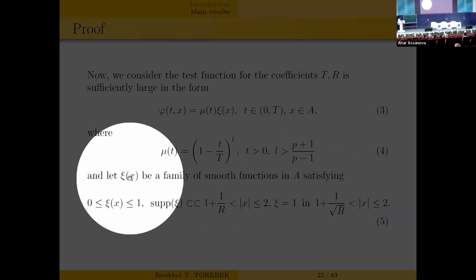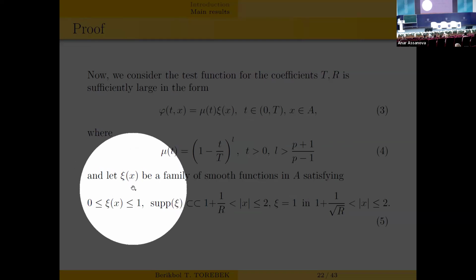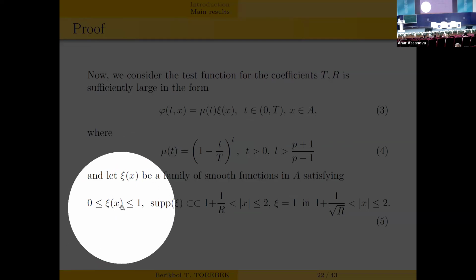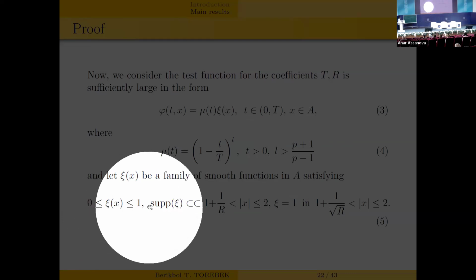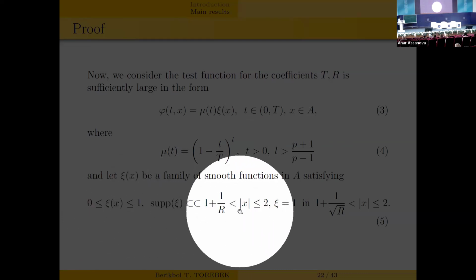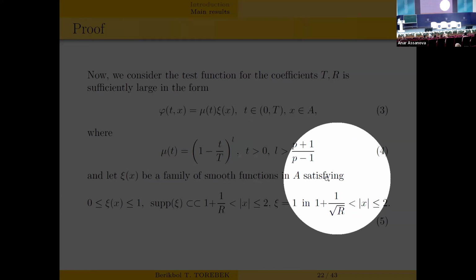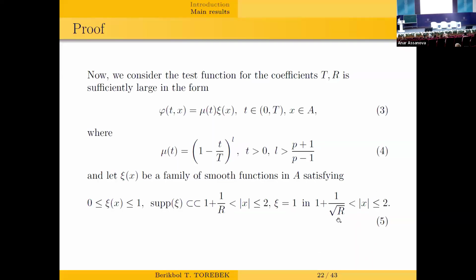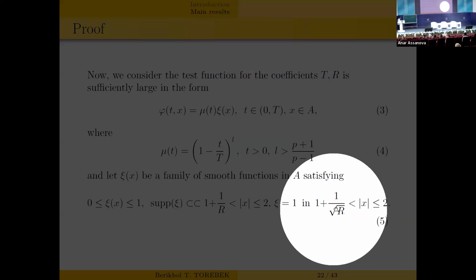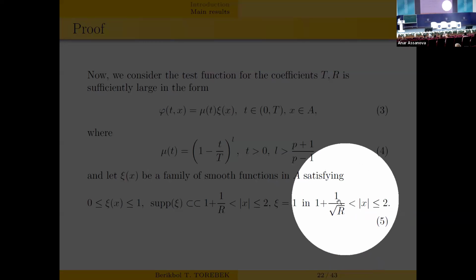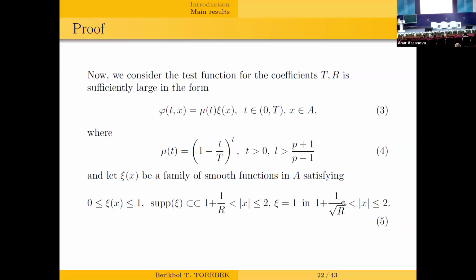And the function depending on the x variable satisfies this kind of properties. This function takes values between 1 and 0, and it has this kind of support. It is also equal to 1 inside of this annulus, and outside of this ball with radius 2, it is 0.